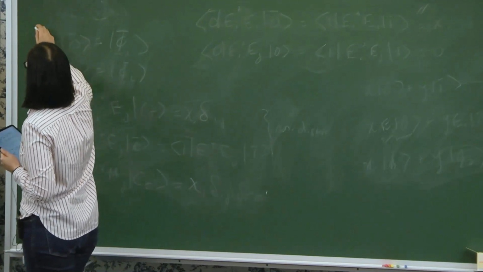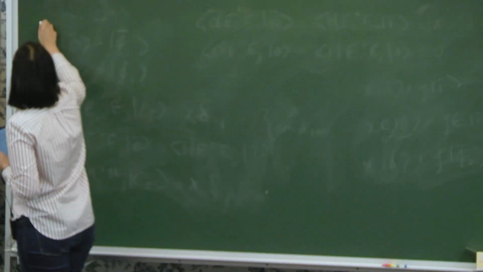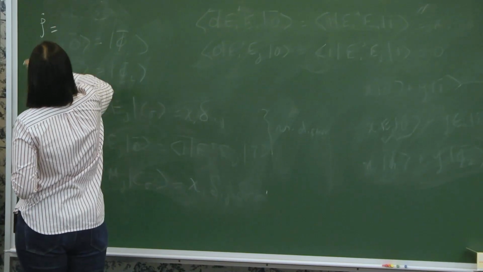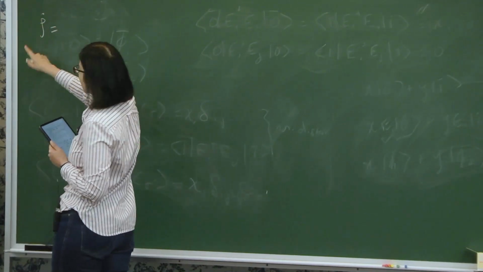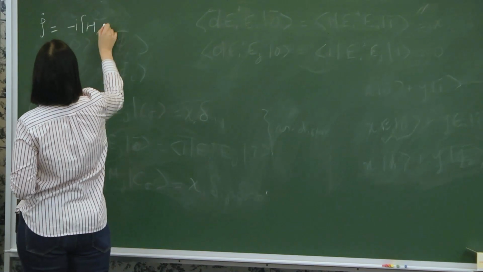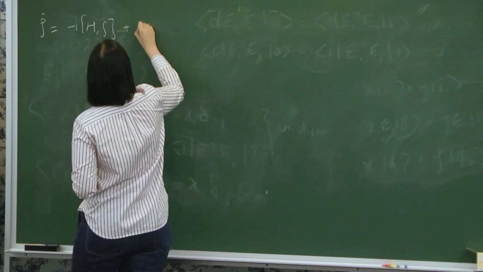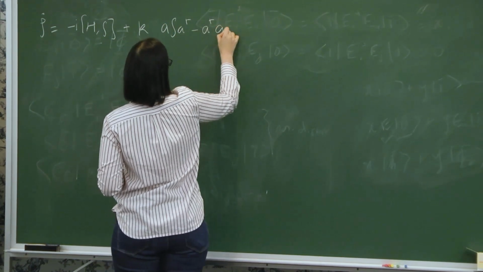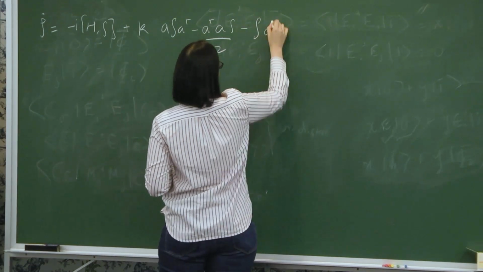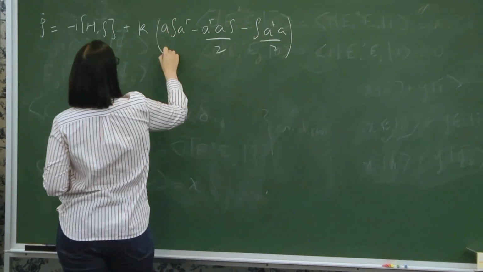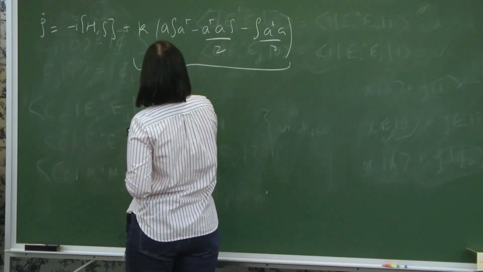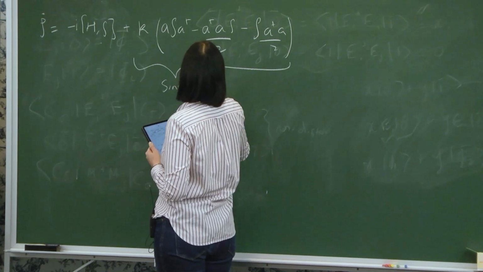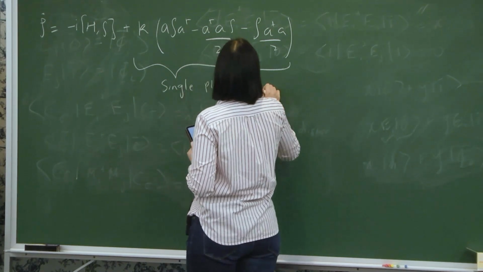If you have single photon loss, then the density matrix evolution can be written in this form. rho dot, d rho by dt, is equal to minus i [H, rho] plus kappa times (a rho a dagger minus a dagger a rho by 2 minus rho a dagger a by 2). This part represents decoupling to the environment, and so this is single photon loss.